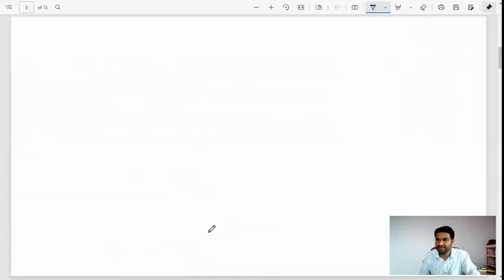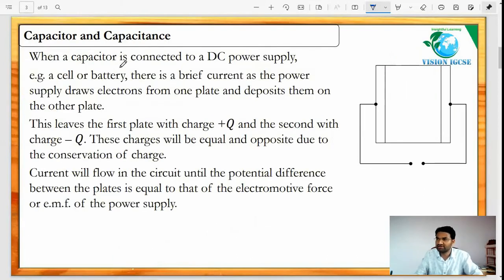Then next, the capacitor has a positive plate and a negative plate, with dielectric material between the two plates. When the capacitor is connected to a DC power supply, that is a battery, there is a brief current as the power supply draws electrons from one plate and deposits them on the other plate.